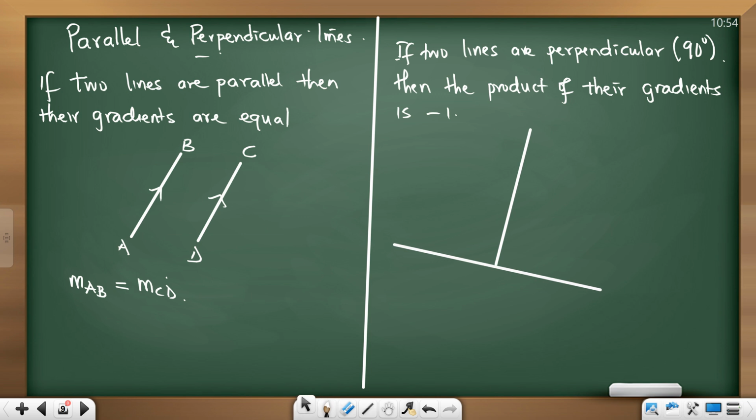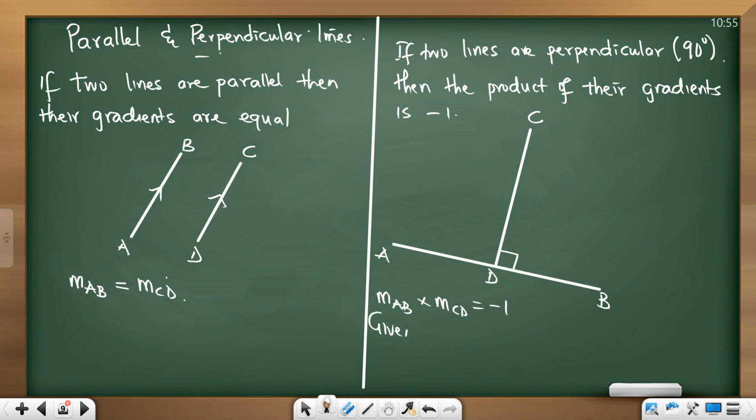Are you telling me that you've forgotten that? That you would see 90 degrees. Just 90 degrees, that's all. A, B, gradient of AB times gradient of CD is -1. It shows the angle between those two lines is 90 degrees.